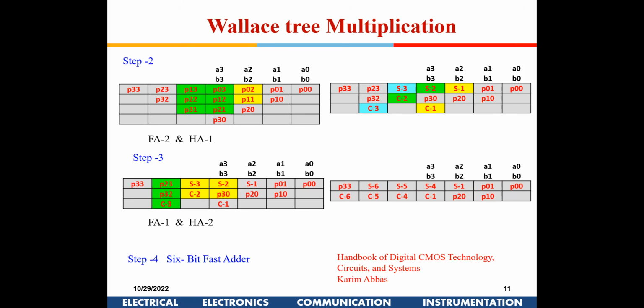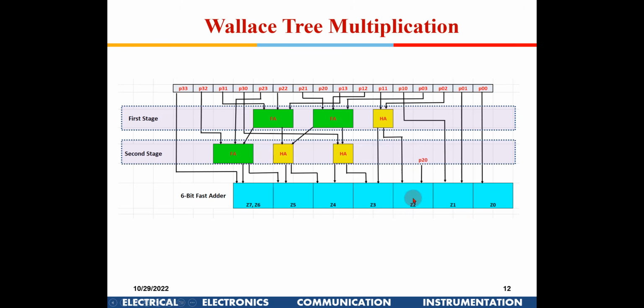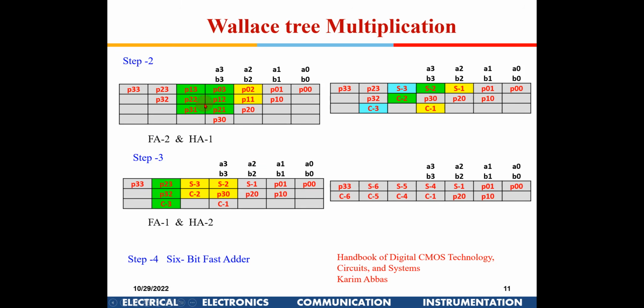Now the ultimate aim is to get. Pardon? Yeah, and how do we visualize it as hardware? Because it will be every clock tick, so this is what the hardware looks like. In the first stage, we have 2 full adders and a half adder. These are all the partial products. In the next stage, this is the first stage, so 2 full adders and a half adder.